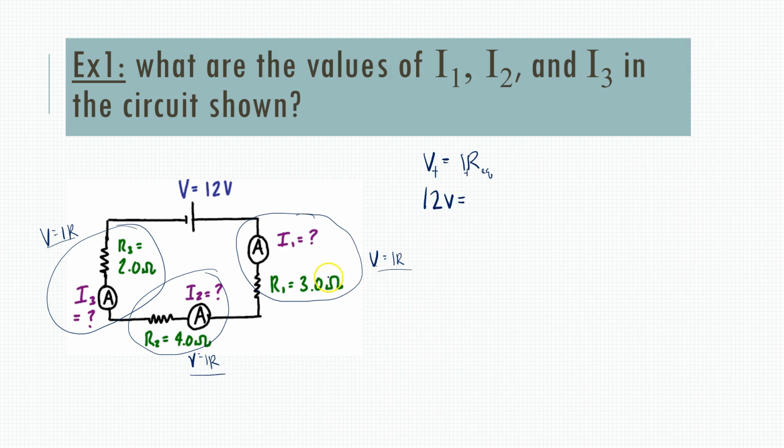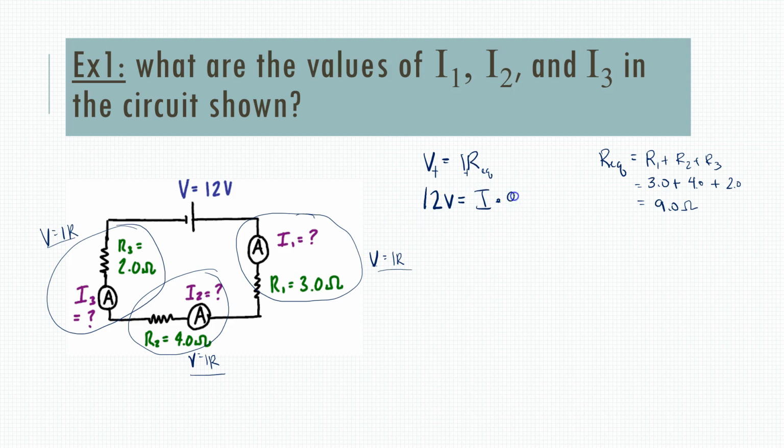And I see all of these resistances. If I have the individual resistances for a series circuit, the equivalent resistance is all of those added together. So R1 plus R2 plus R3. Well, that's 3 plus 4 plus 2. So the equivalent resistance of this circuit is 9.